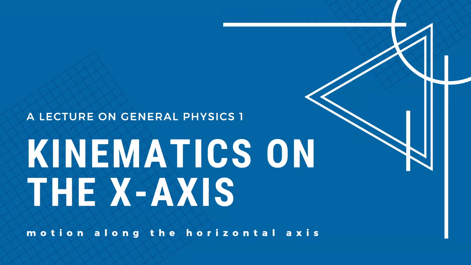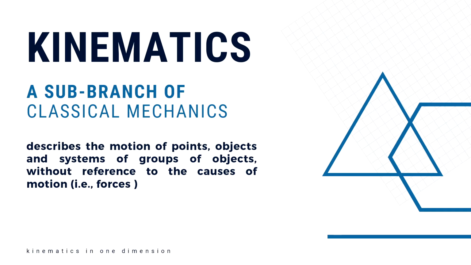Of course we have kinematics on all axes and both linear and circular motion. But today we're going to focus on just the x-axis, and just linear motion. So here, like what I have said earlier, if there's a frame of reference, that would be dynamics.